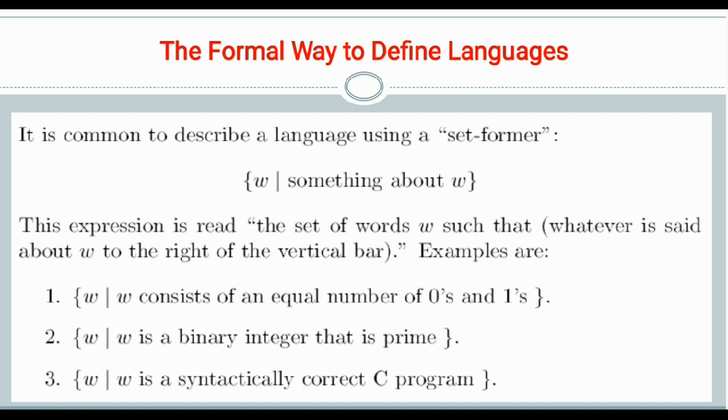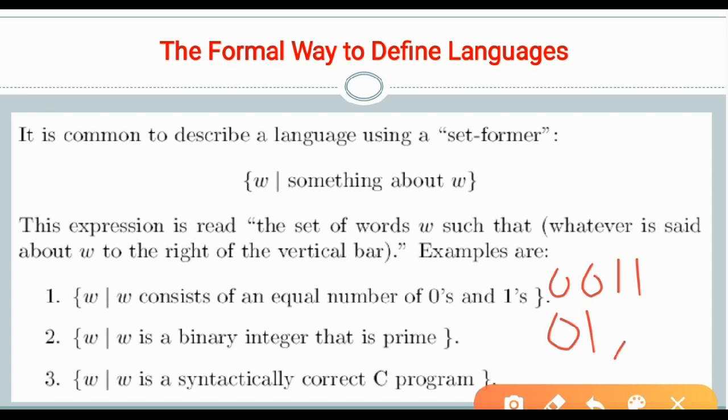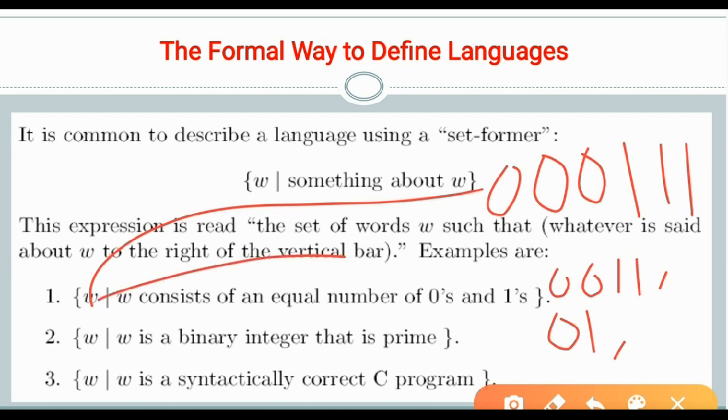That is the example we went through in the previous slide. w / w consists of an equal number of zeros and ones. So you can take 0 0 0 1 1 0 1 as the first string, and next you can take 3 zeros and 3 ones. w should satisfy this condition.